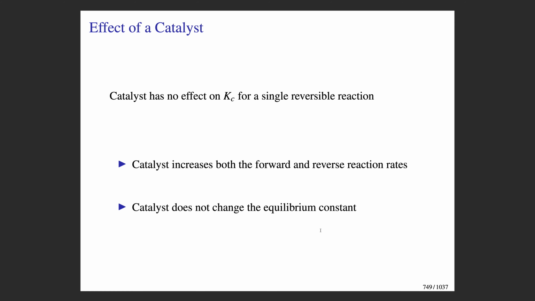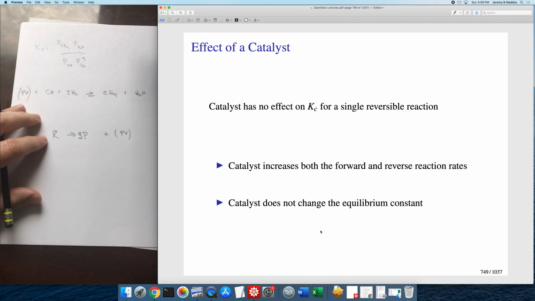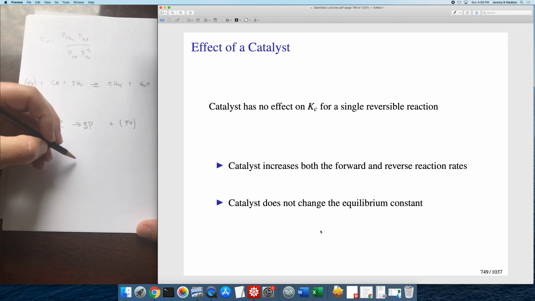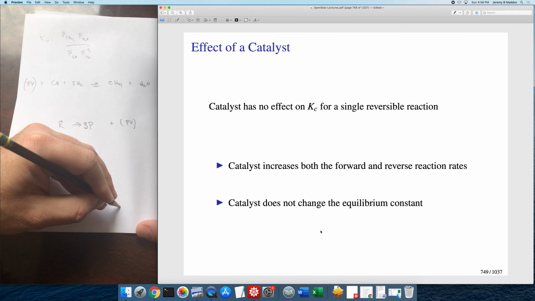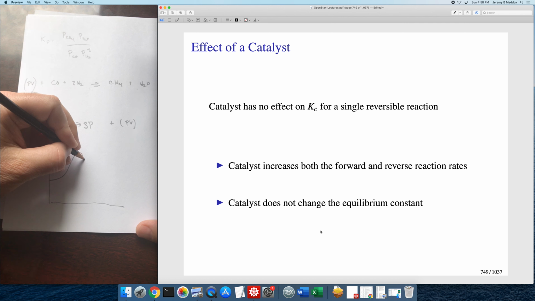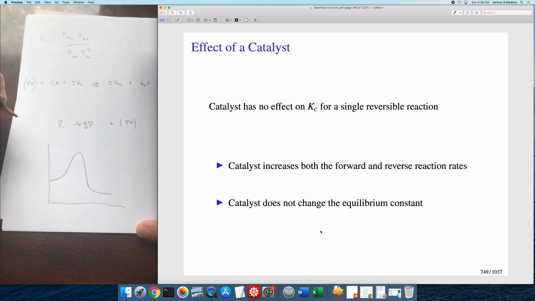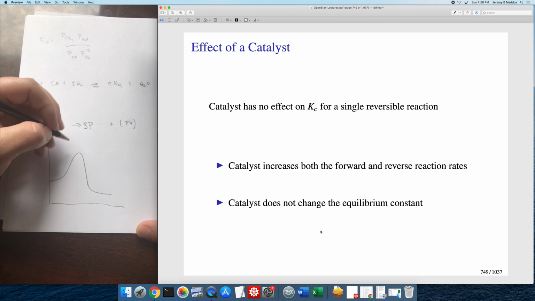Le Chatelier's principle for catalysts is that catalysts have no effect on the equilibrium for a reversible reaction, and I can point out why that is. So let's go back to these potential energy diagrams that we covered in kinetics.